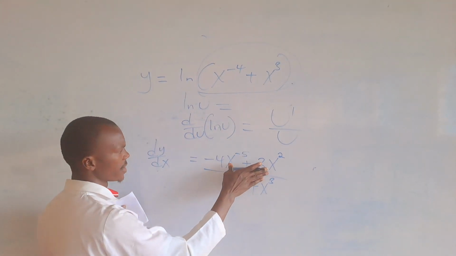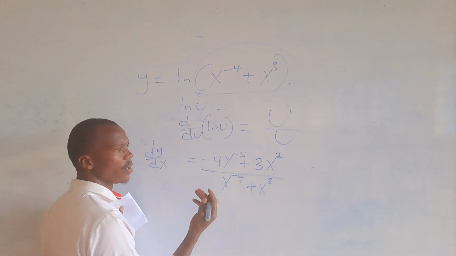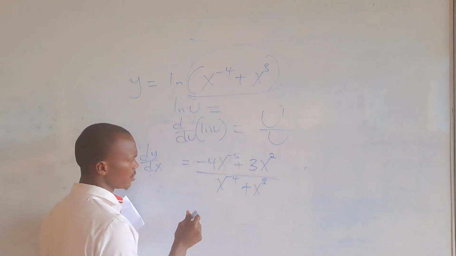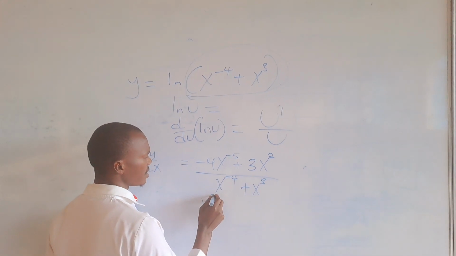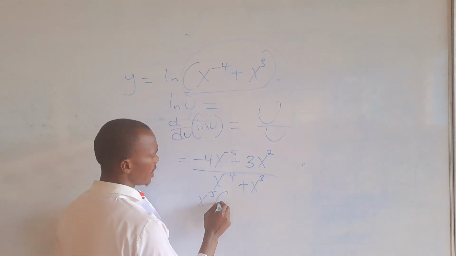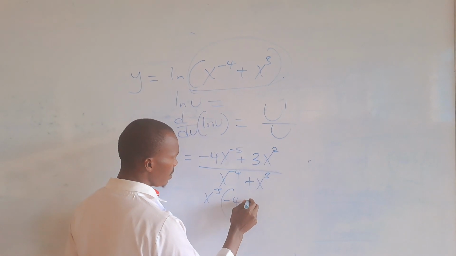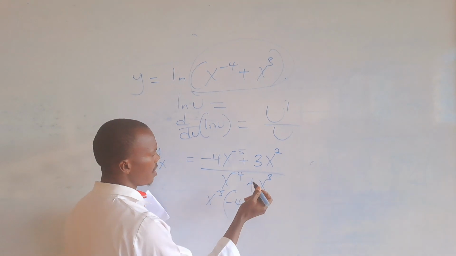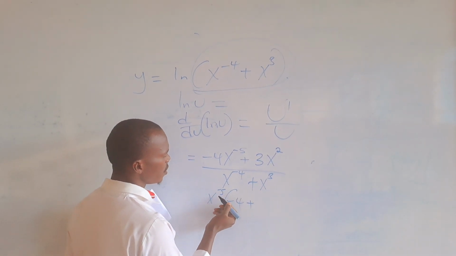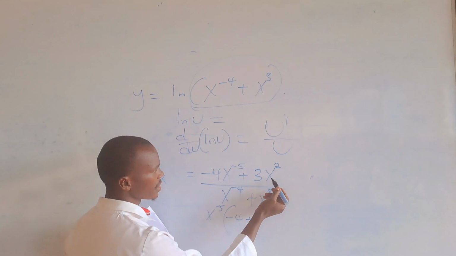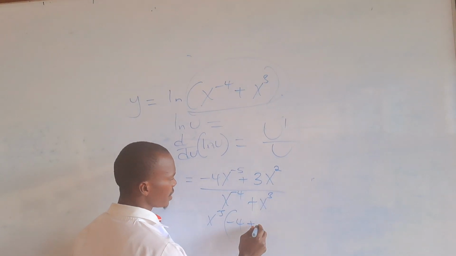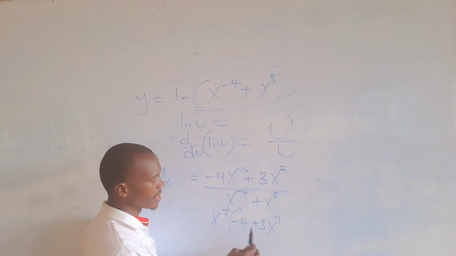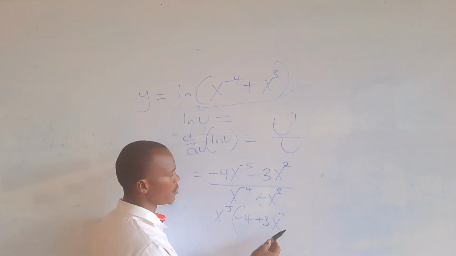Now we can factorize this one. When you factorize, take the lowest power. What is common here is x. So you take the lowest power of x, which in our case is x raised to the power -5 into 4 plus 3x raised to the power 7, because when the bases are the same and we multiply, we add the powers.